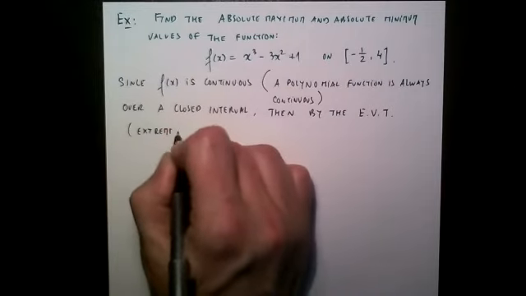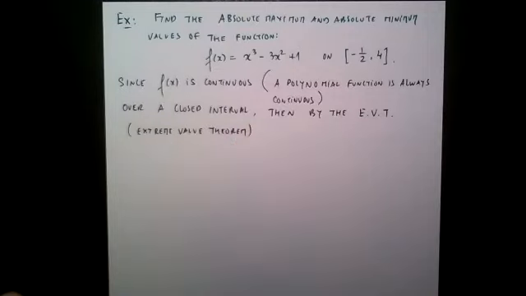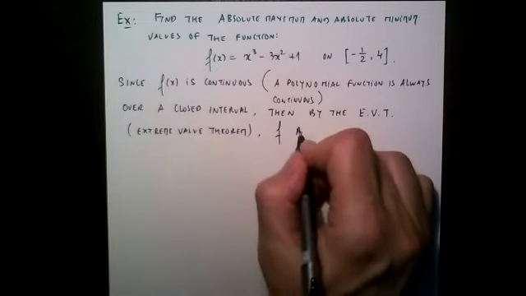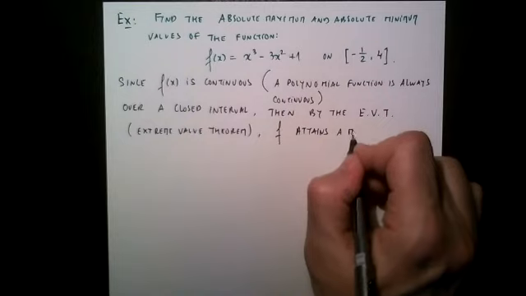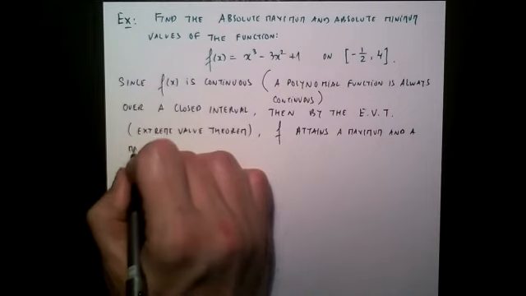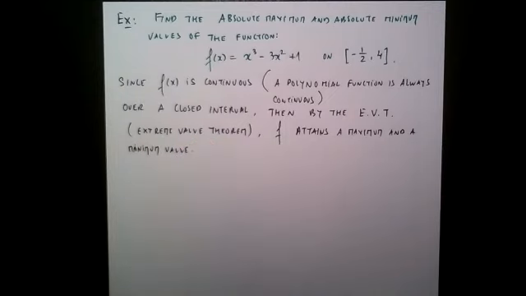The extreme value theorem: f attains a maximum and a minimum value. Make sense?